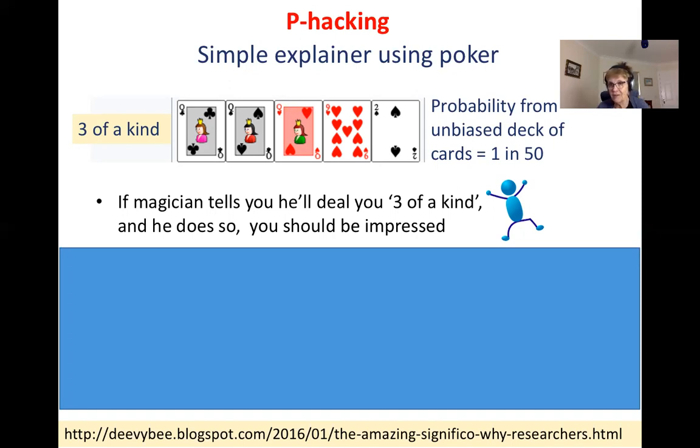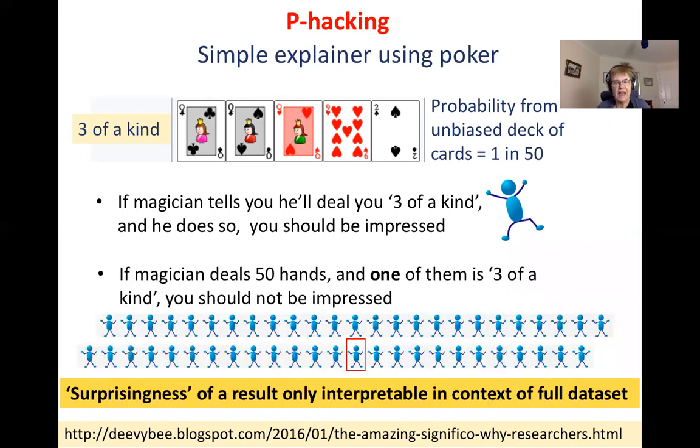In fact, you could be the person picking the cards. And you get really impressed because you get 3 of a kind. On the other hand, if you knew he'd gone all around the room trying this out on 50 different people, and just one of them got 3 of a kind, you wouldn't be impressed, at least you shouldn't be, because you'd realize that that's about what you'd expect just by chance.